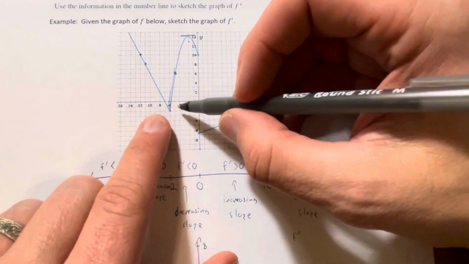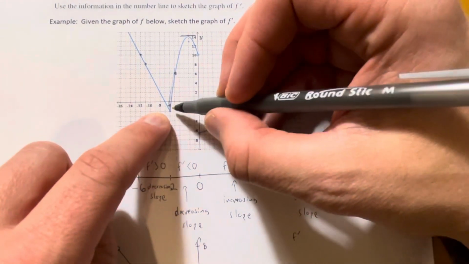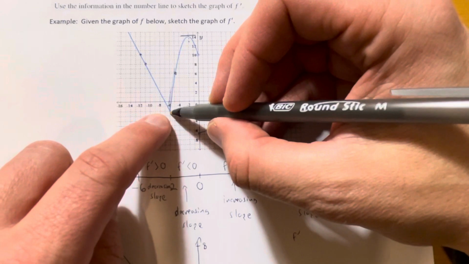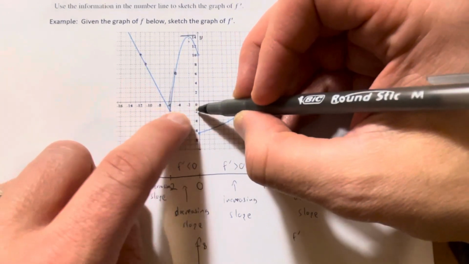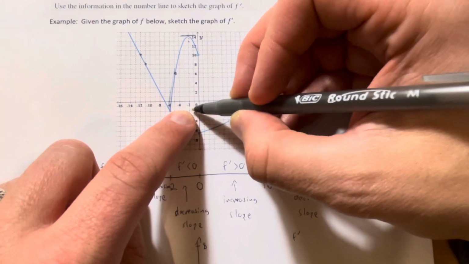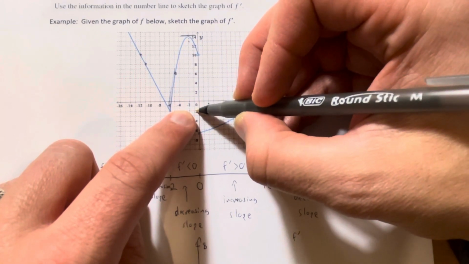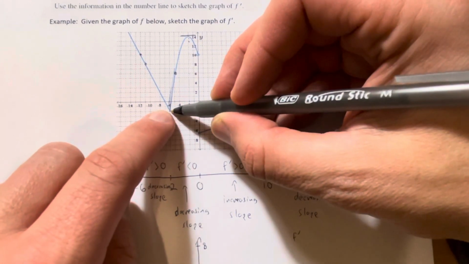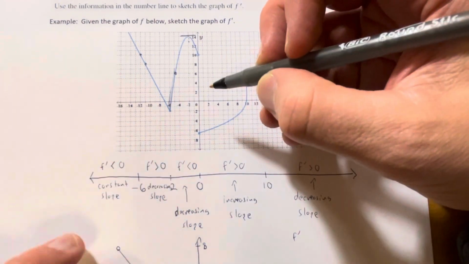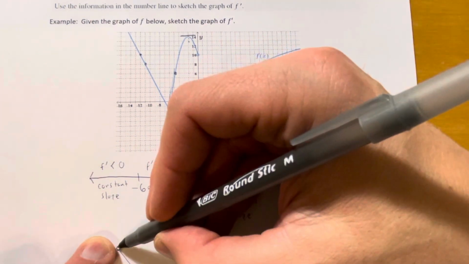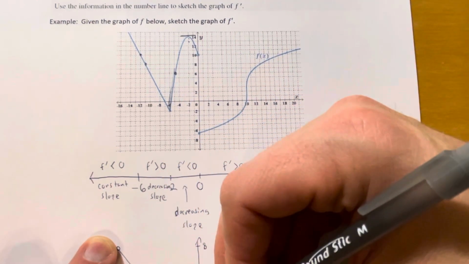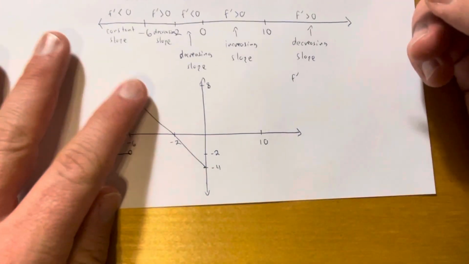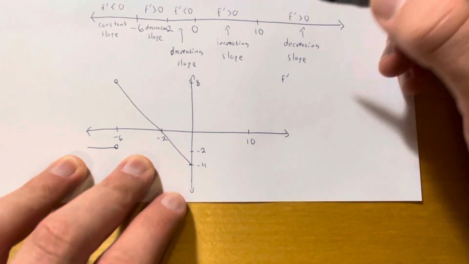And the reason I know that is because if I think about the fact that this has gone how far? From -6 to -2, it's a total of 4 units. And then from -2 to 0, that's 2 units. That's half the distance that we went from here to here. So if I manage to drop a total of 8 units from here to here, I should drop half that from here to here, 4 units. Whoops, I just realized I was off screen that whole time.